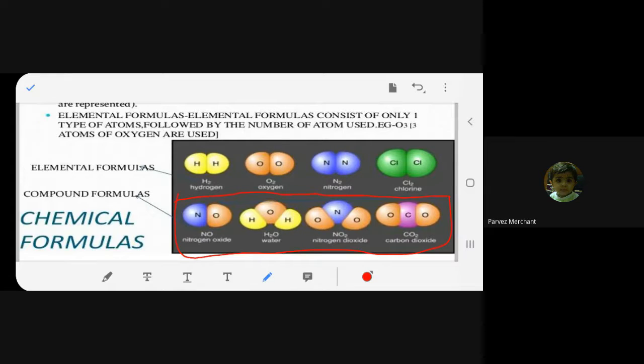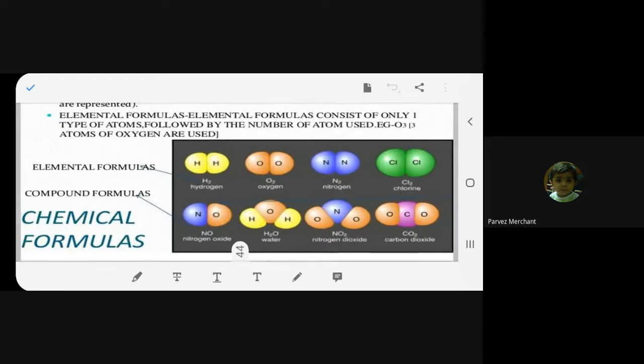This is the compound. And what are we talking about? Chemical formulas. Understood now? This is how we are going to symbolize. This is how we are going to learn. Tell me if it's clear, then only we can go to the next slide. Yes, ma'am. Clear.